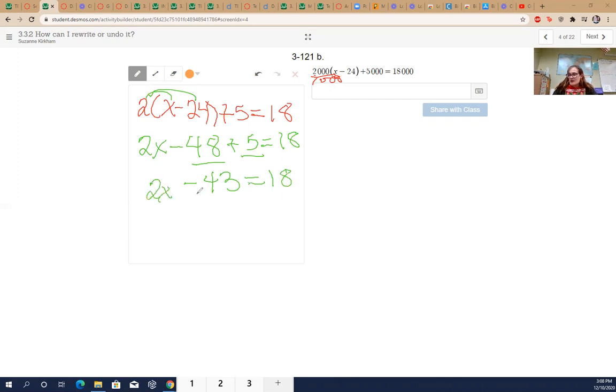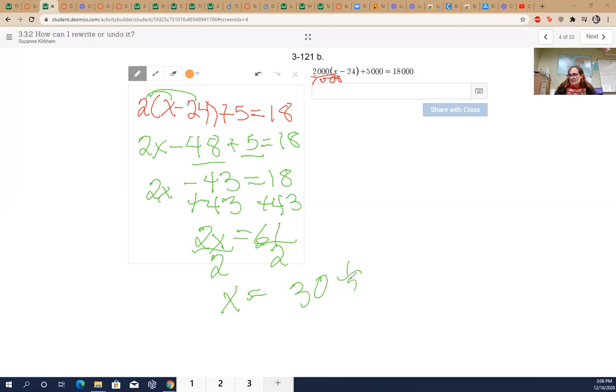All right, so now we add 43 to both sides, and that gives us 61. 2x equals 61. Divide both sides by 2, and x equals 30 and 1/2. Remember, you can use your calculator, so make sure you do that. So that's what you would put in your answer box right there.